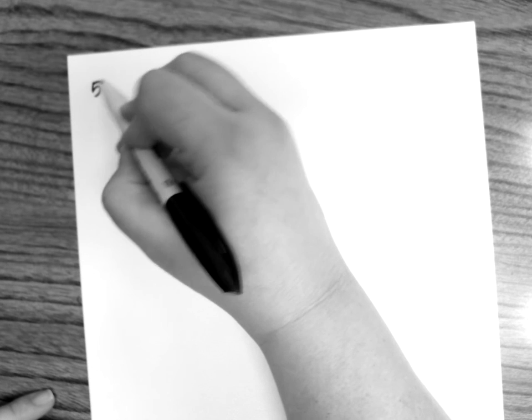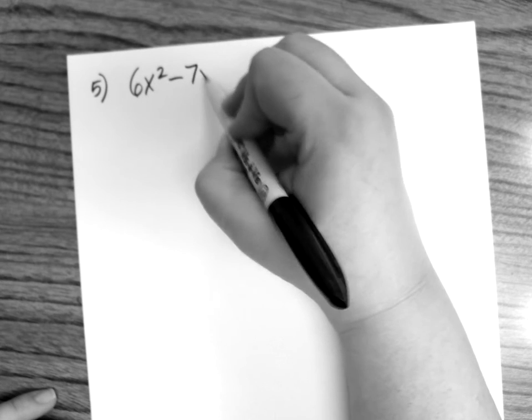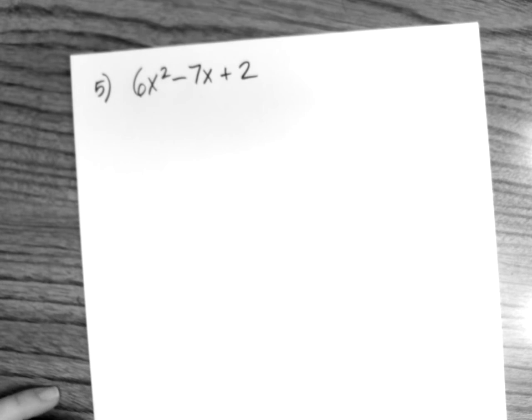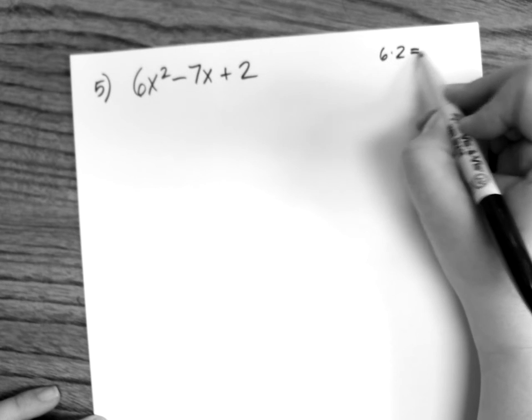Okay, so let's go with, this is number 5. 6x squared minus 7x plus 2. Again, you can pause here and try it yourself. 6 times 2 is 12.